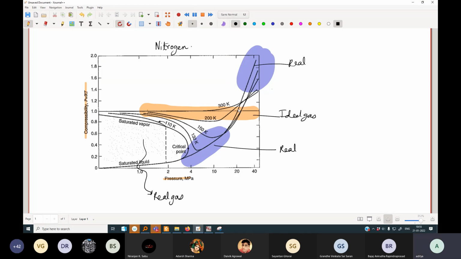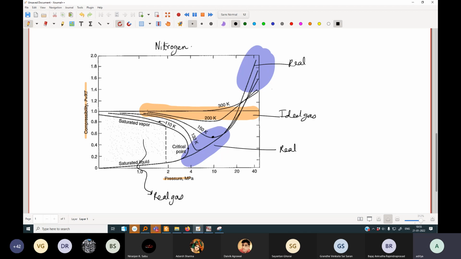There could be a special name for those. Possible. I would imagine there would be a special name for the minima in the compressibility that happens. There's a local minimum, you see. When you're sitting on an isotherm and you're increasing the pressure, there is a point where the compressibility is minimum. So I would imagine that there is a special point for that.